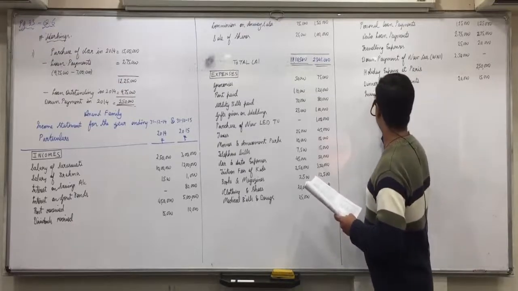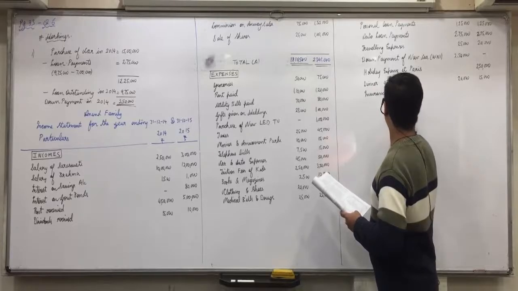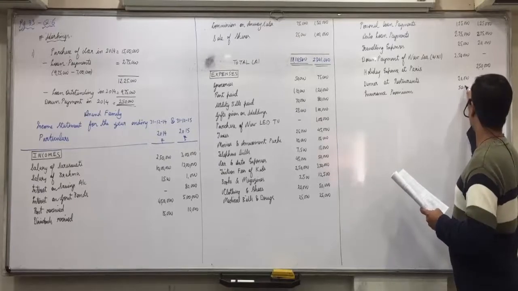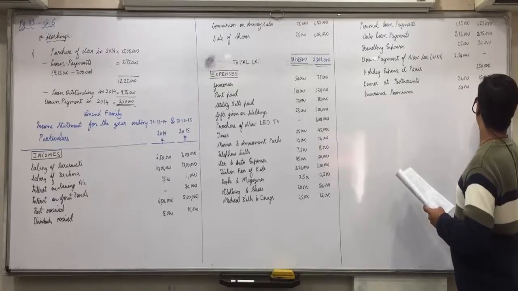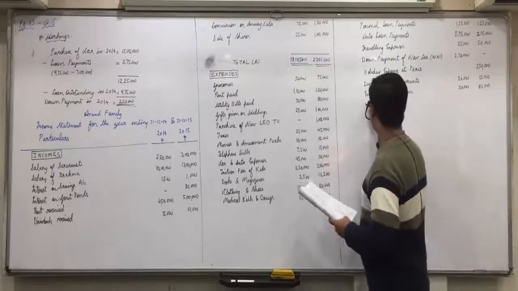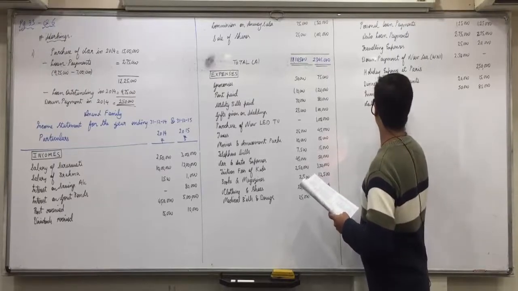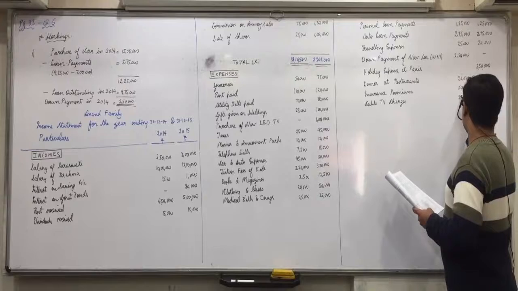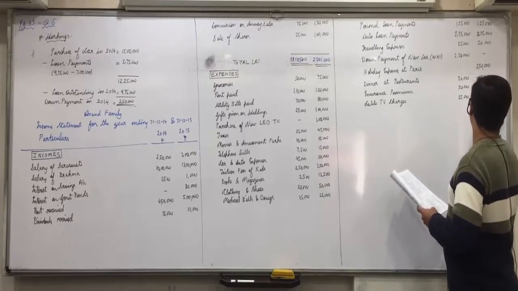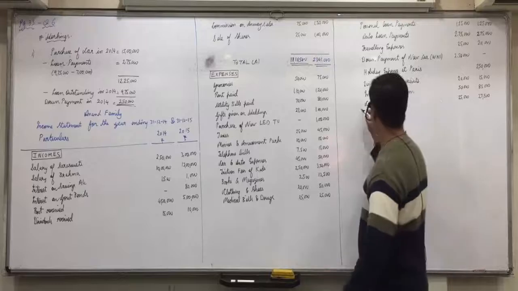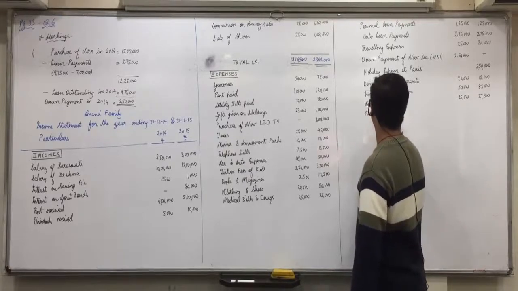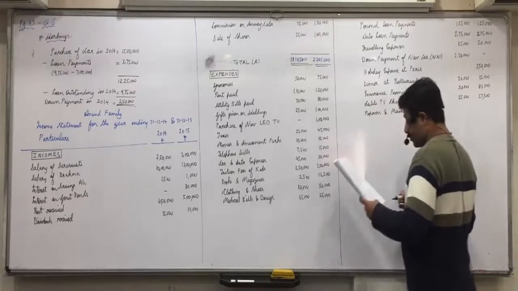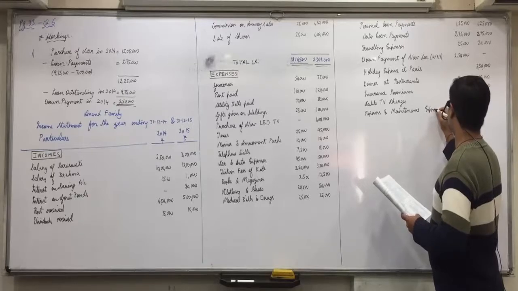Insurance premium, 50,000 and 85,000. Cable TV charges, 25,000 and 27,500. And repairs and maintenance expenses, 10,000 and 12,000.